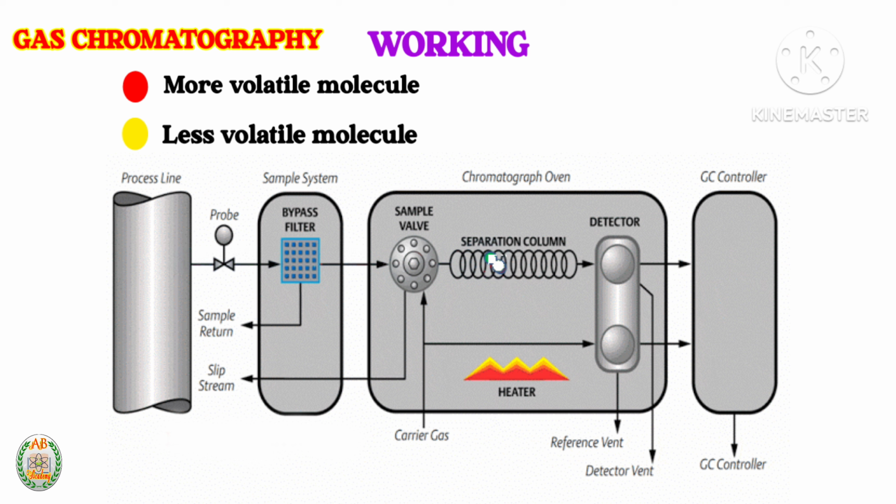The less volatile molecules interact more with the stationary phase and move slowly, while the more volatile molecules interact more with the mobile phase and move fast down the column. Once the separation is completed, the detection is done with a detector attached at the end of the column.